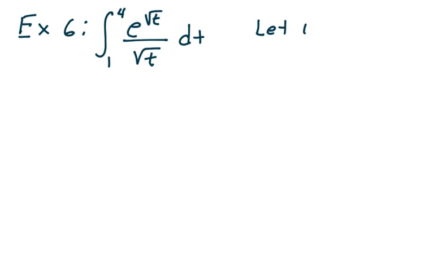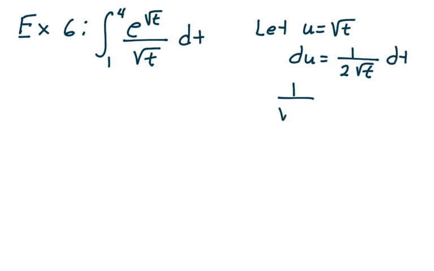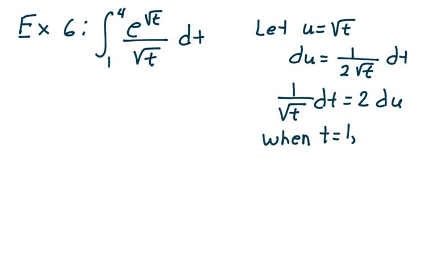So I'm going to let u be equal to square root of t. du is 1 over 2 square root of t dt, and so 1 over square root of t dt is 2 du. Now, when t is 1, u is 1, and when t is 4, u is 2.